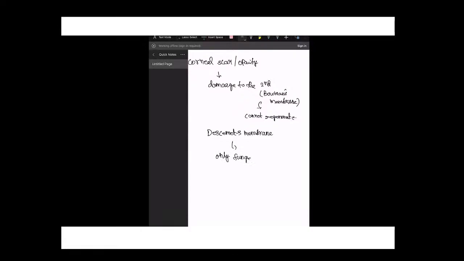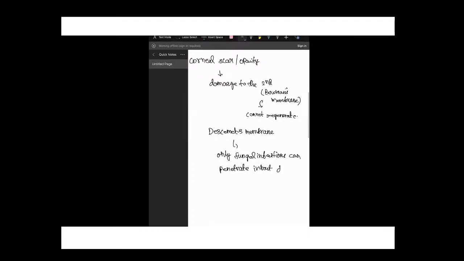Only fungal infections can penetrate intact Descemet's membrane.